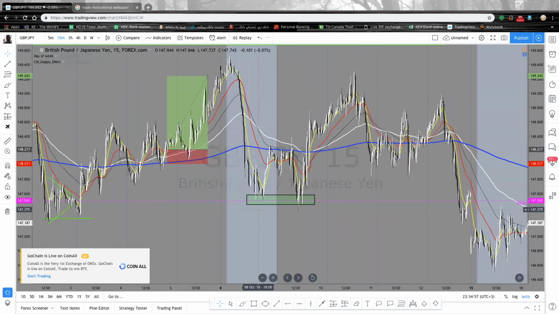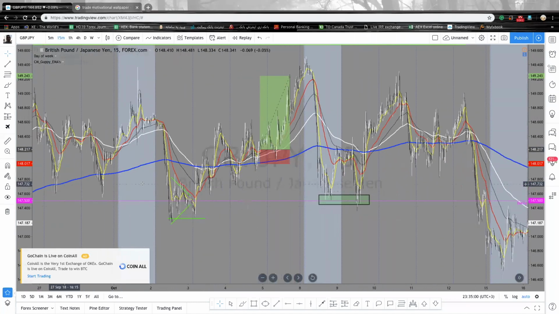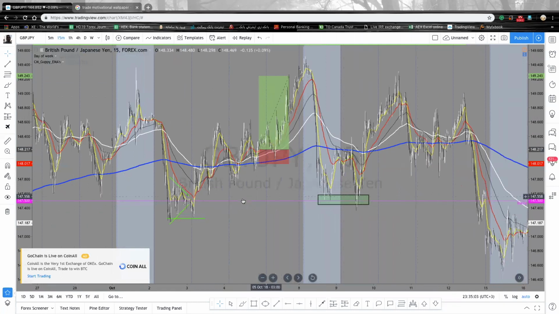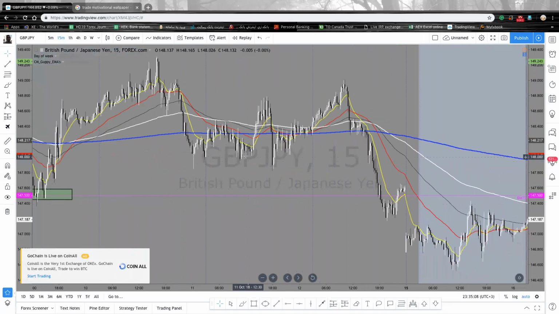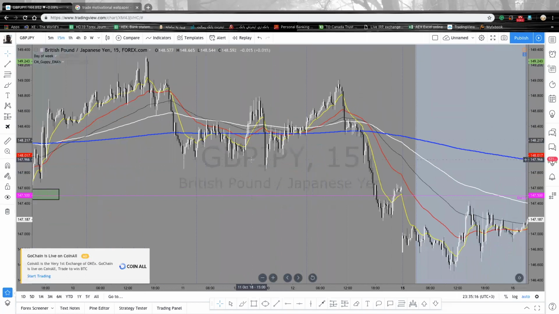You see how many wicks price is failing to break this daily to go completely down, so you're looking for buy. I can buy here, you can count it as a W. I'm just showing you that you have to find what you're comfortable with.